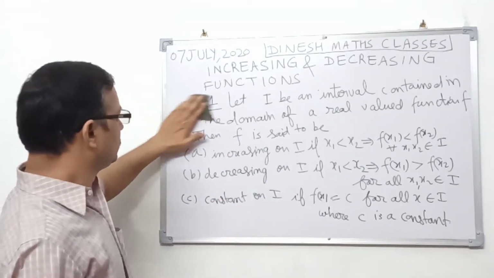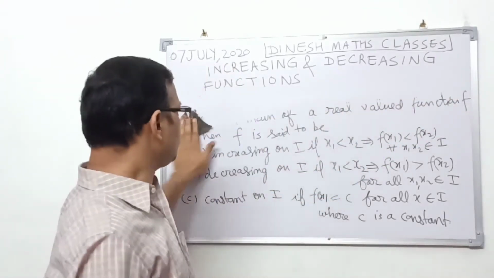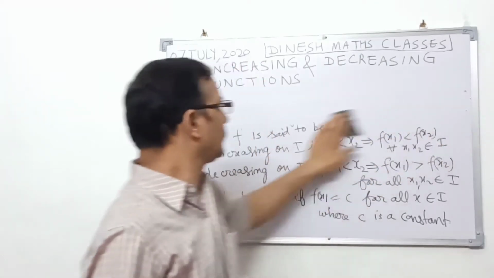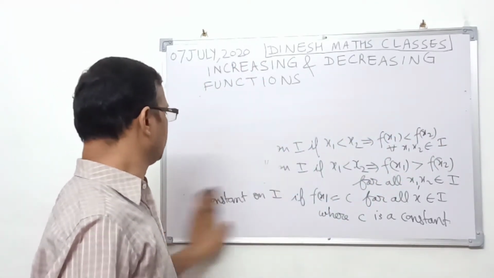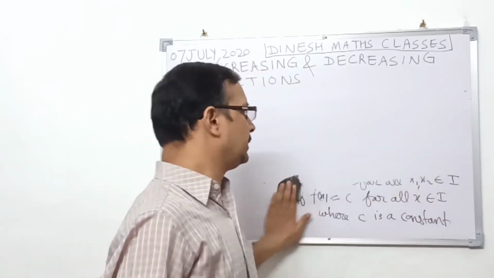Now let us clarify these definitions slightly by graph also. So first we take the graph of an increasing function.